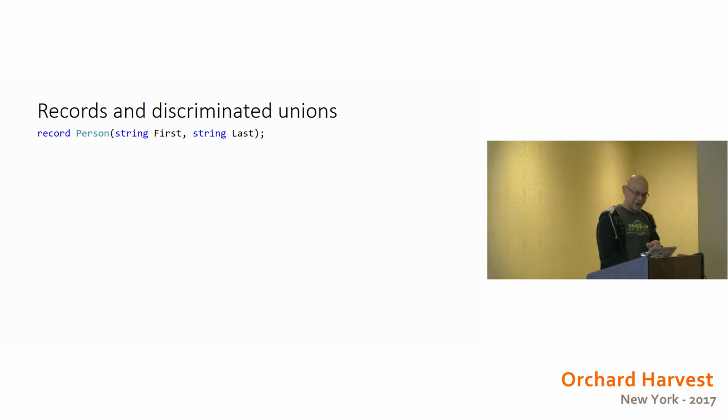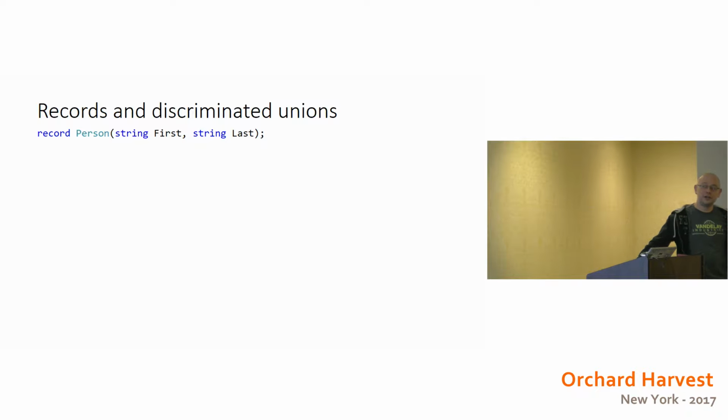Okay, and I know I'm out of time, but I really want to take the time for this one and the next one because they are actually relevant to our chart. Records are new types that are made to represent immutable data structures.